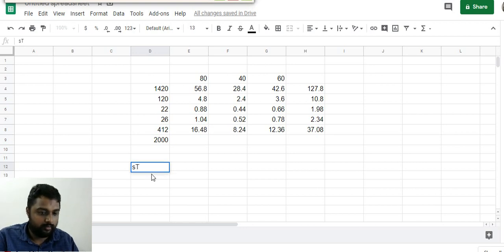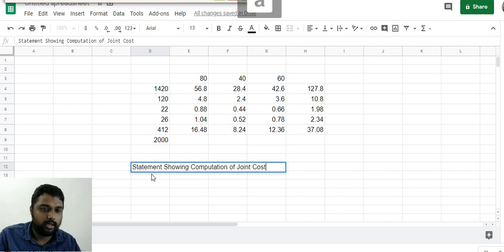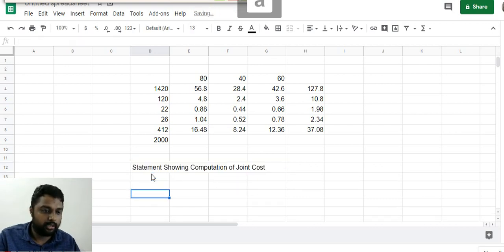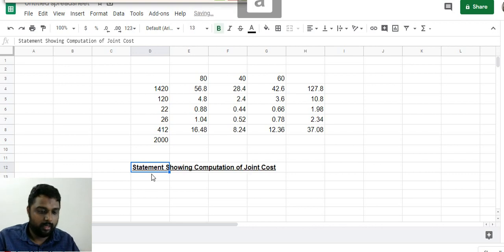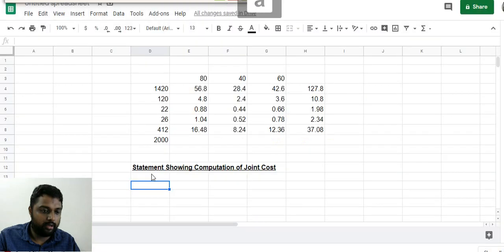Statement showing computation of joint cost. Are you ready? So we have three products.